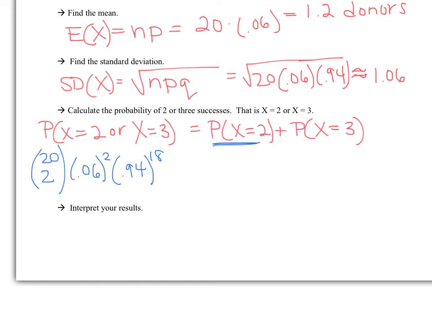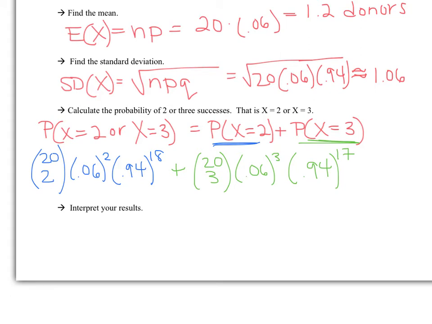Then for the probability that 3 people have it, it is 20 choose 3. Doesn't matter who those 3 are. Could be the first person that walks in, the 17th, the 19th. Doesn't matter. So 3 of them have O negative, and 17 of them do not.